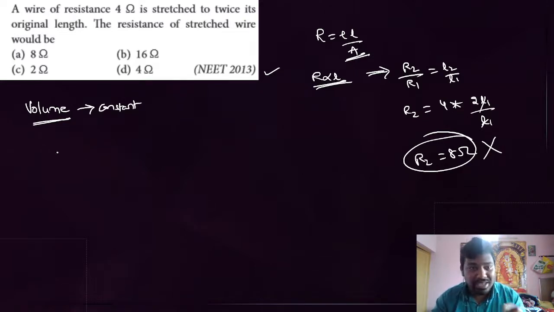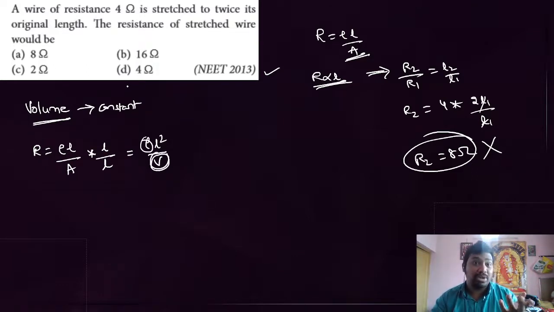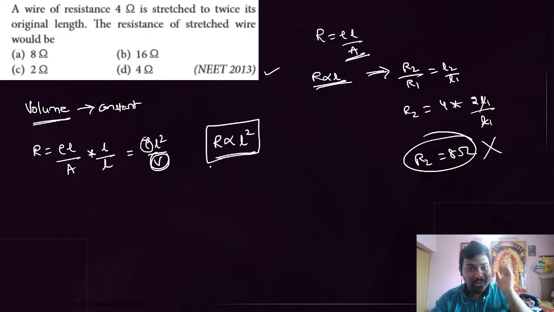So in order to get the volume, we generally multiply with length, so rho into L square divided by volume. Now volume is constant, and rho is also constant because he didn't mention anything about that. So now we can write R is proportional to L square.